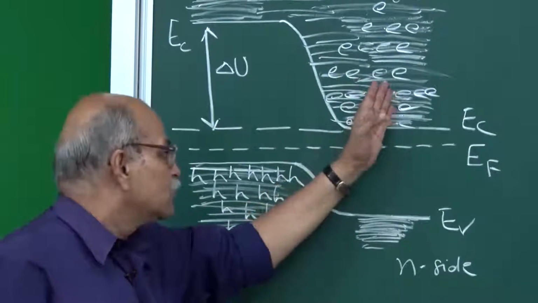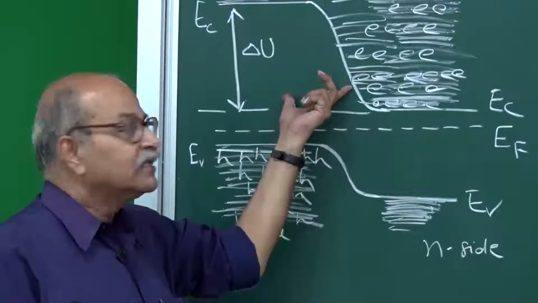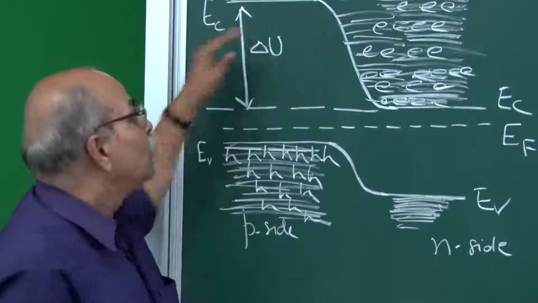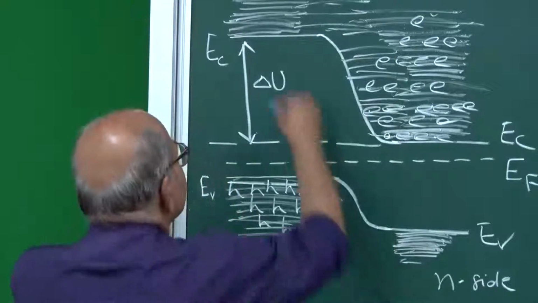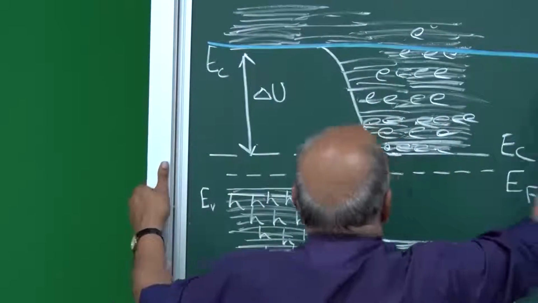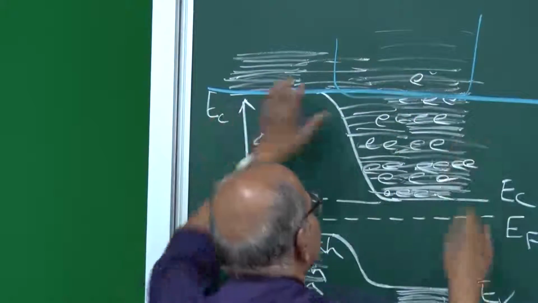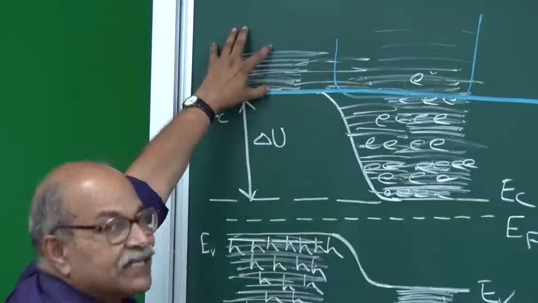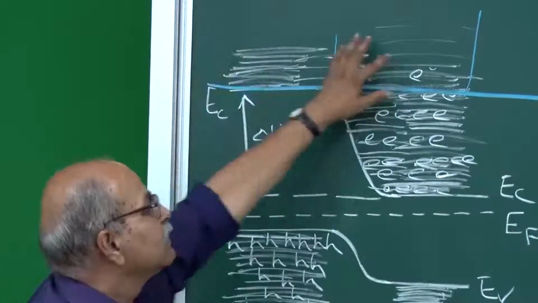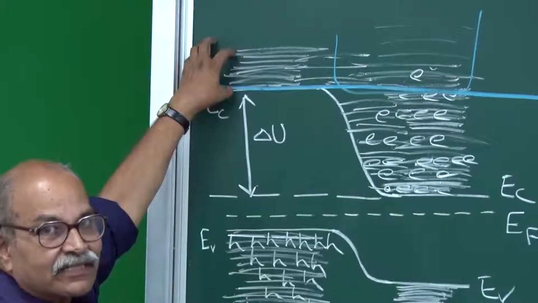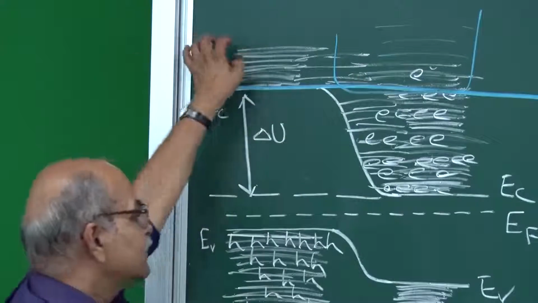If these electrons try to go from the n side to the p side, crossing this depletion region, there are no quantum states here. Only those electrons which are above this level, only these electrons in these quantum states, will be able to reach here. At these energies, you have a quantum state on this side, and therefore they can only reach here. The more energetic ones can reach here.